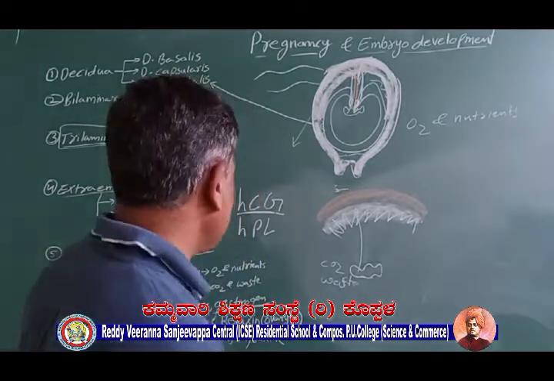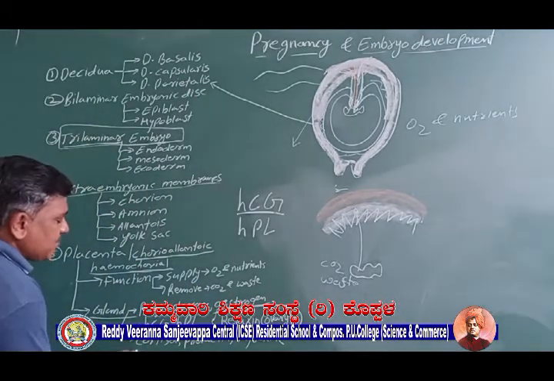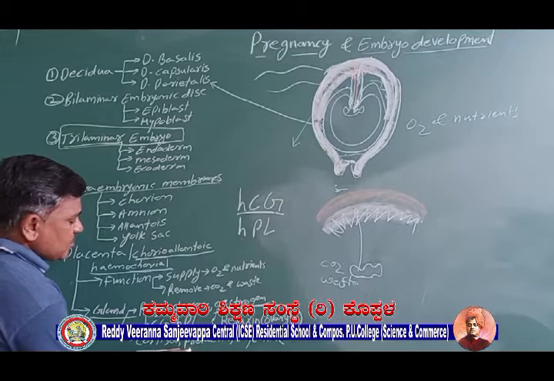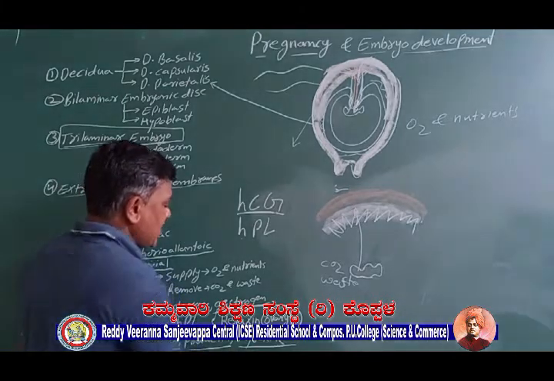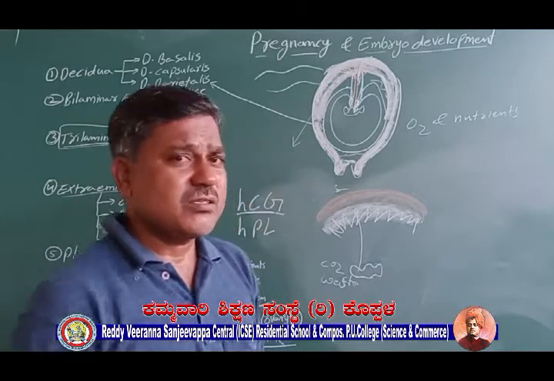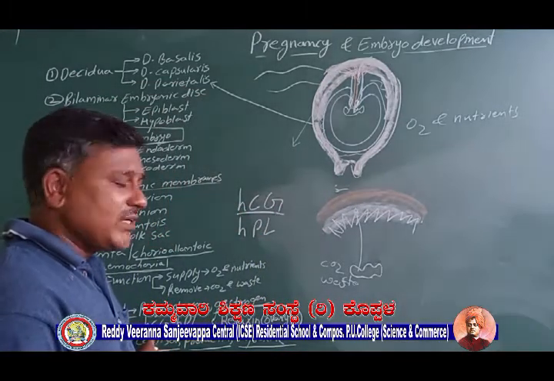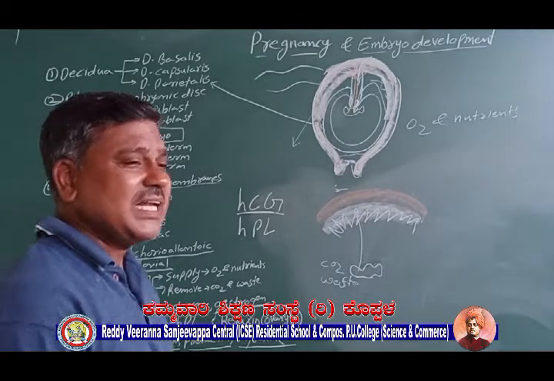Along with this, the placenta helps in producing cortisol, prolactin and thyroxine. Keep in mind, progesterone, estrogen, human chorionic gonadotrophin and human placental lactogen help in growth and development of the fetus and in maintaining pregnancy.